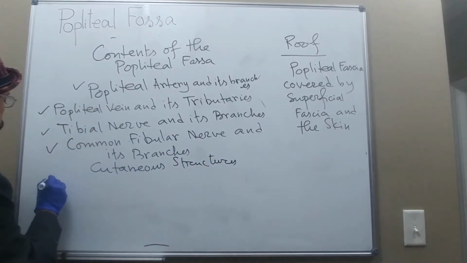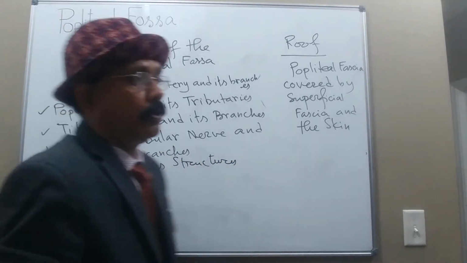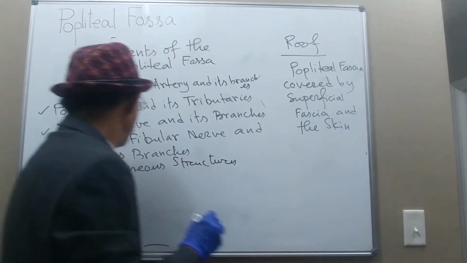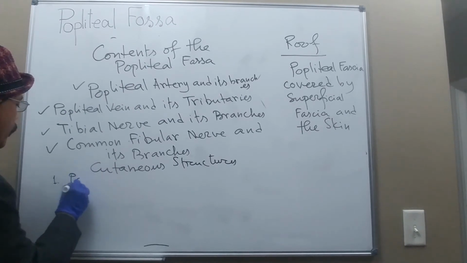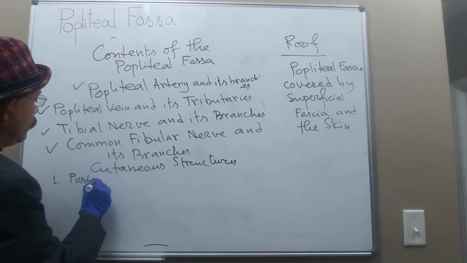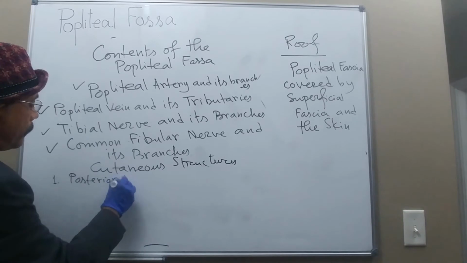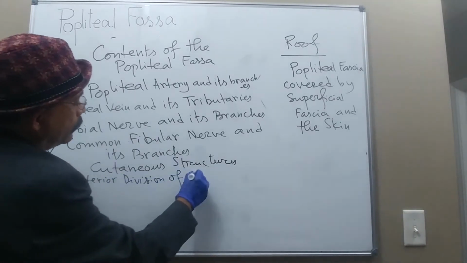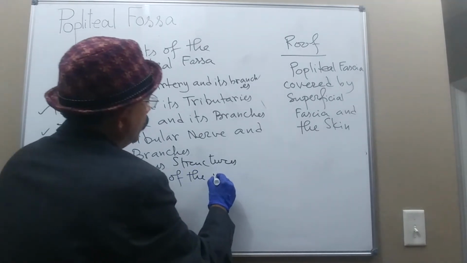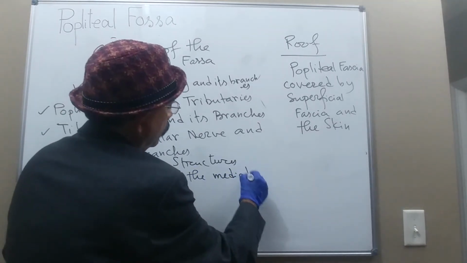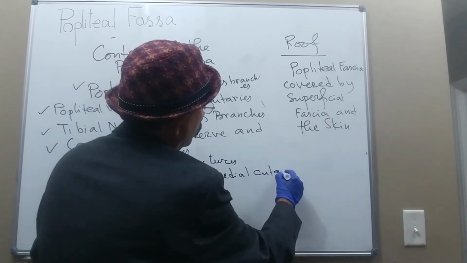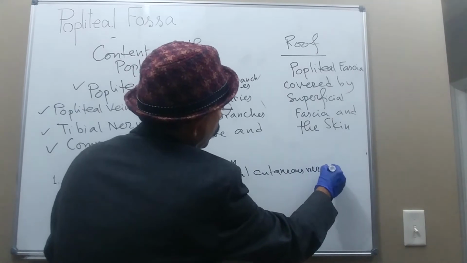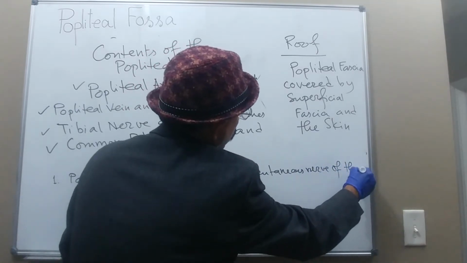Cutaneous structures include the posterior division of the medial cutaneous nerve of the thigh.